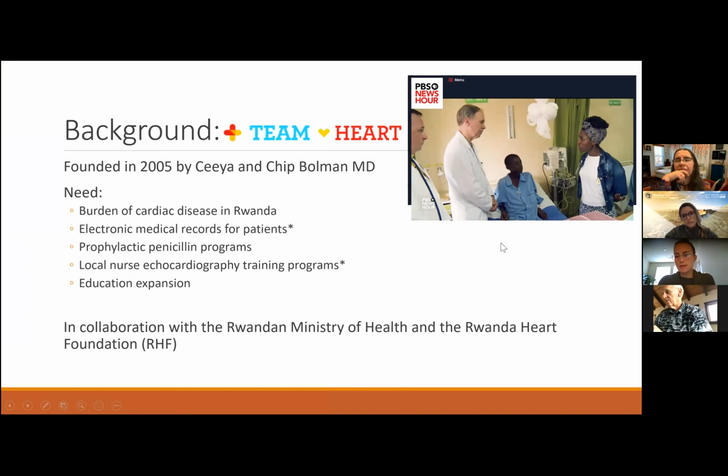It was founded on the basis of a huge need for research and help with the cardiac disease burden in Rwanda, the need for electronic medical records, prophylactic penicillin programs, training of local nurses and staff, as well as expansion of the education on what rheumatic fever and rheumatic heart disease are, and what strep throat is in general. This project has been in collaboration with the Rwandan Ministry of Health and Rwandan Heart Foundation.